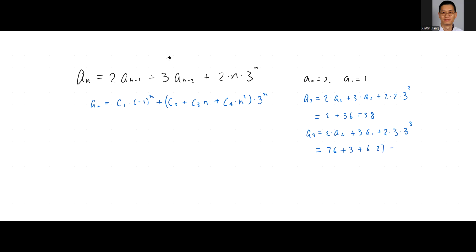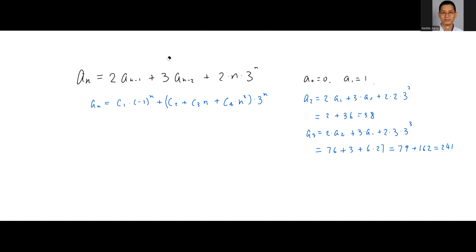That is 79 plus 6 times 27, which is 162. And you add them up, you get 241. All right, so the algebra is a little bit involved, but we know how to do that, okay?